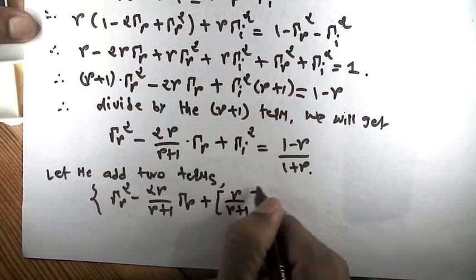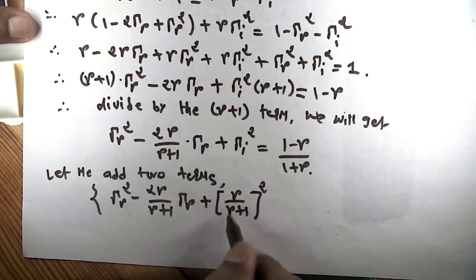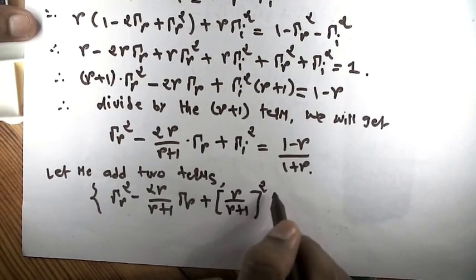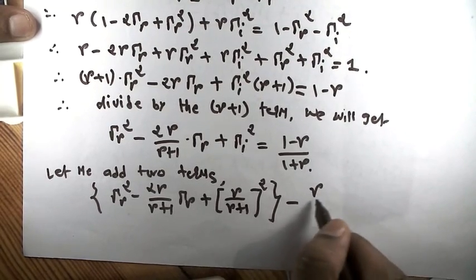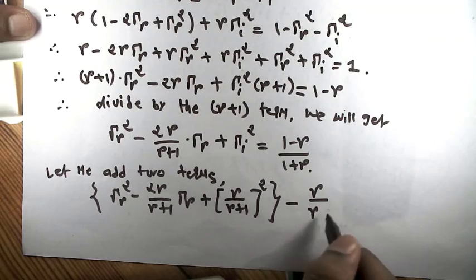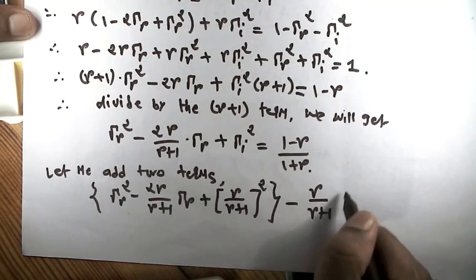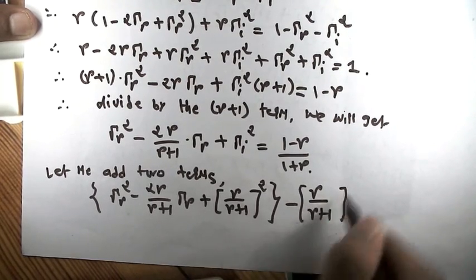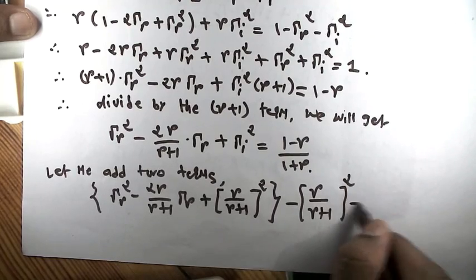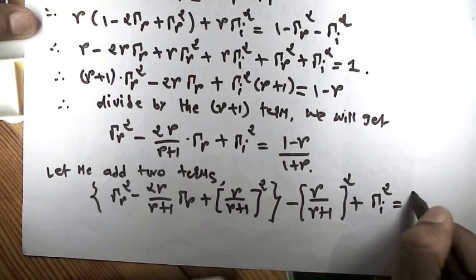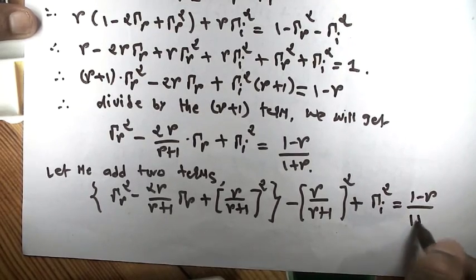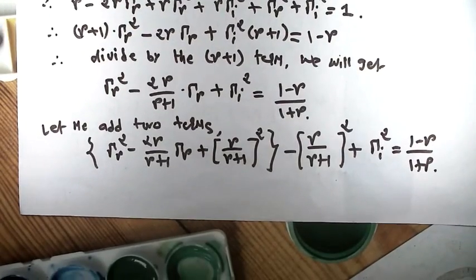So I add one term which is nothing but equal to r over r plus 1 whole square. So this term I have added, and because I have added it, I am removing that part once again. So subtract r over r plus 1 whole square, plus I have sigma I square, and that is equal to 1 minus r over 1 plus r.